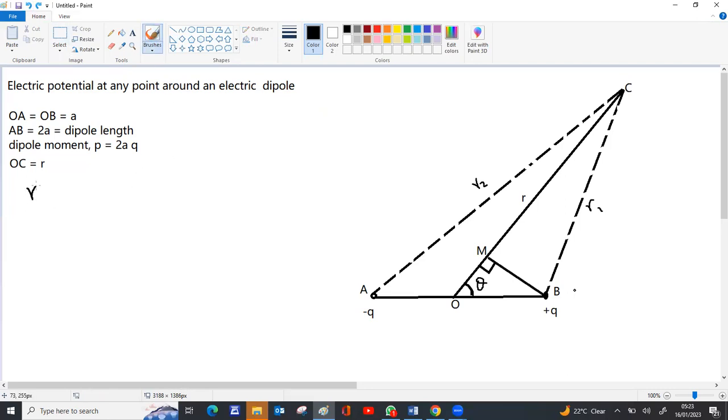So r1 is exactly the same as BC, but it can be approximated as MC. MC can be written as OC minus OM.